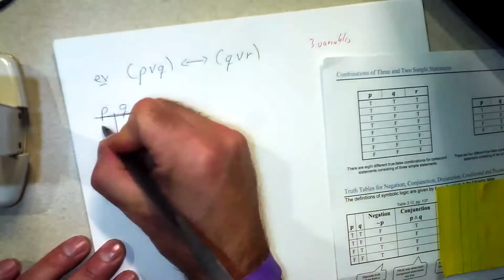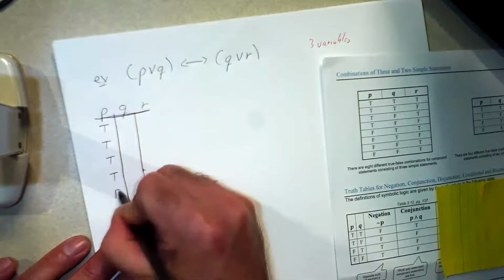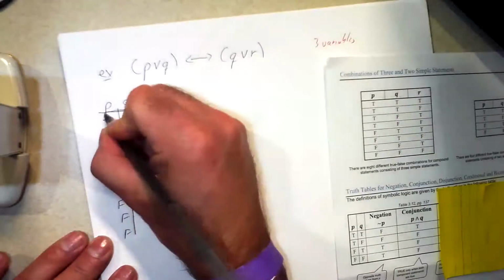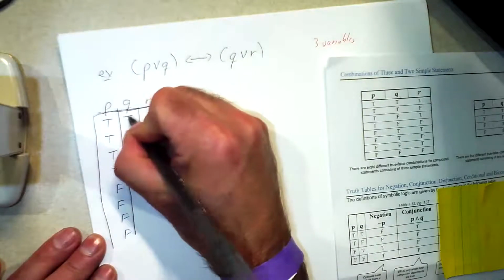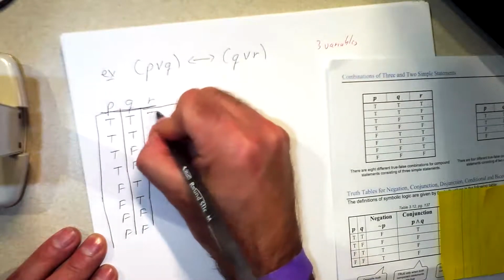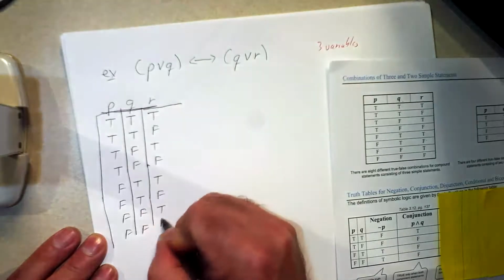Four T's, 4 F's. The second column goes 2 T's, 2 F's, 2 T's, 2 F's. The third column alternates TF, TF, TF, TF.